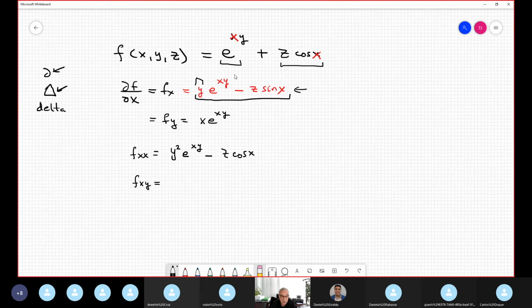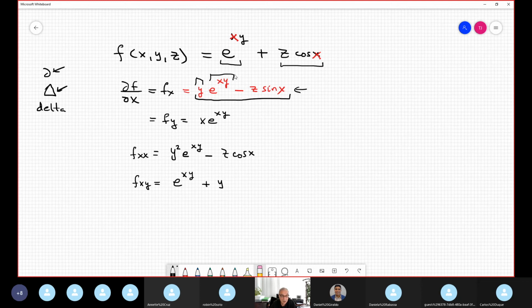Because this depends on the y and this depends on the y also, no? And the derivative of the first part is 1 with respect to y. Multiplication by the second function is xy. Plus something, plus what? Plus y.